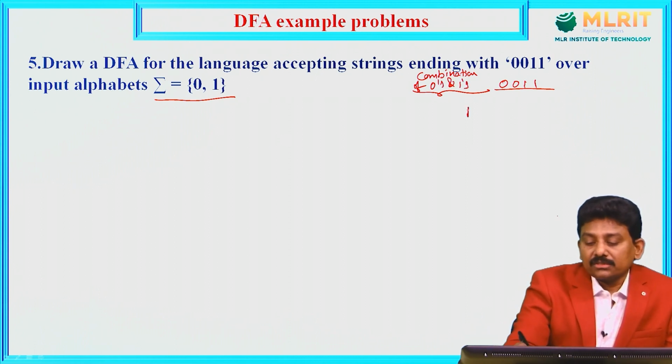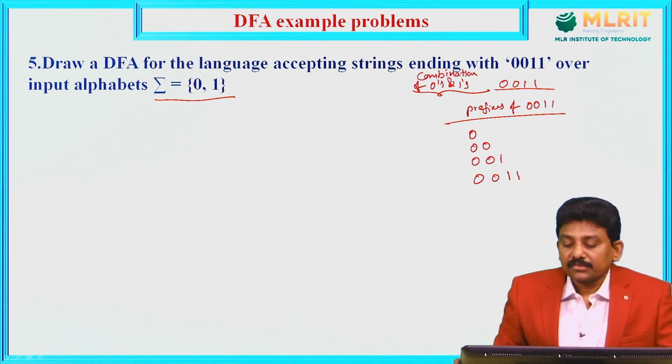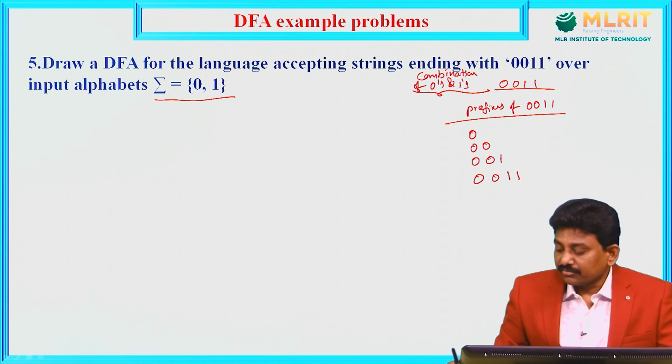So the prefixes of 0 0 1 1 are 0, 0 0, 0 0 1, and 0 0 1 1.